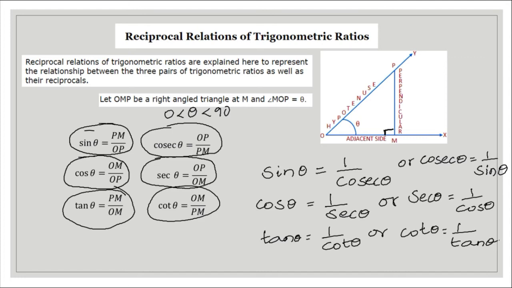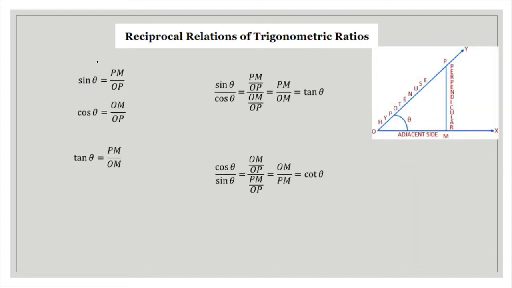Further, I want you to observe sin theta is PM by OP, cos theta is OM by OP. If you take the ratio of sin theta upon cos theta, we get PM by OP divided by OM by OP. OP will get cancelled. PM by OM is obtained.